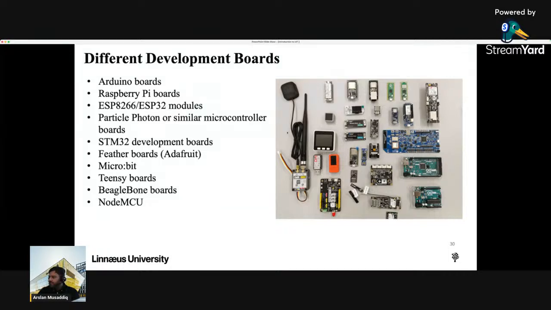We have Arduino boards, Raspberry Pi, ESP32 or 8266, which is very commonly used. Each of these boards comes with its own strengths depending on the requirements of your project, whether it's cost, processing power, connectivity, or ease of use.